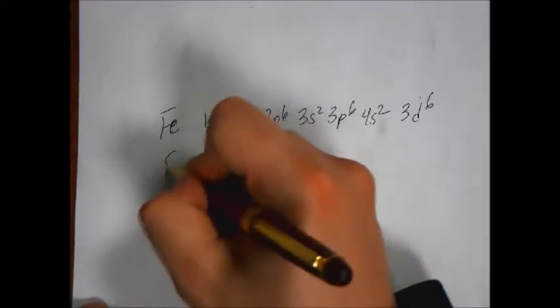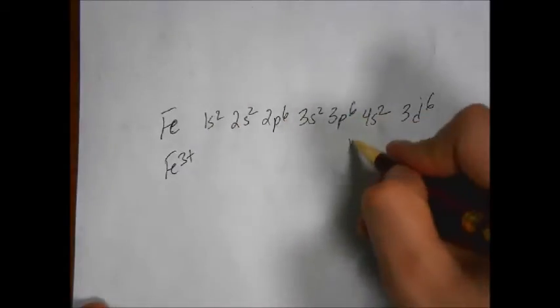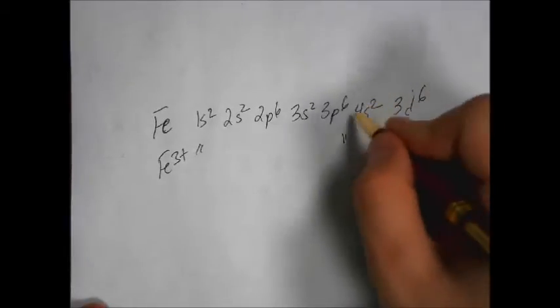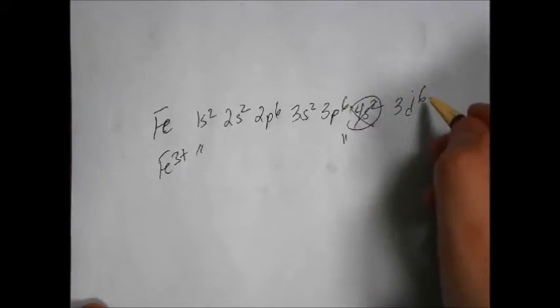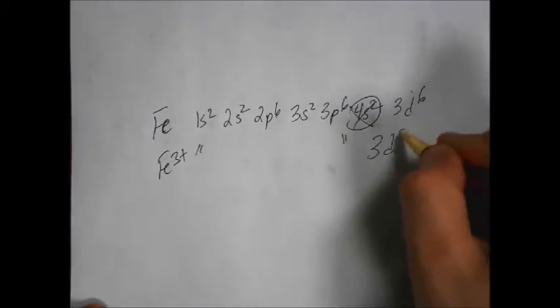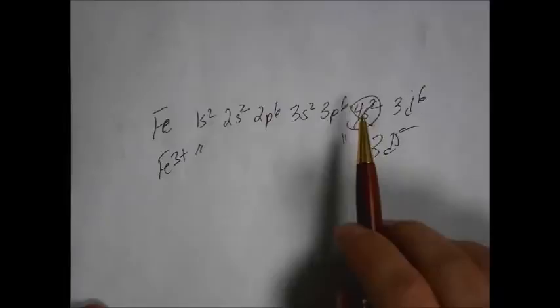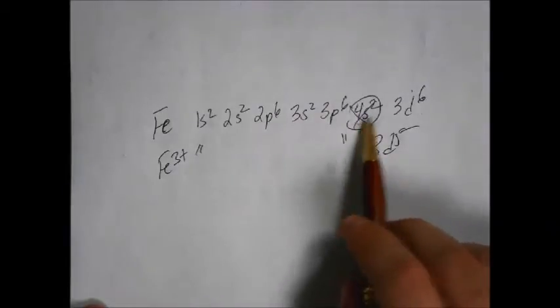So if we do iron plus 3, it's going to be all of the core electrons, and then we have to take away 3 valence electrons. Remember, these are the ones that go first, and then we have to take 1 from here, so that's going to leave us with 3d5, okay? So for the 3 plus, you're going to take the 4s2 first, and then you're going to take the third one from the 3d.